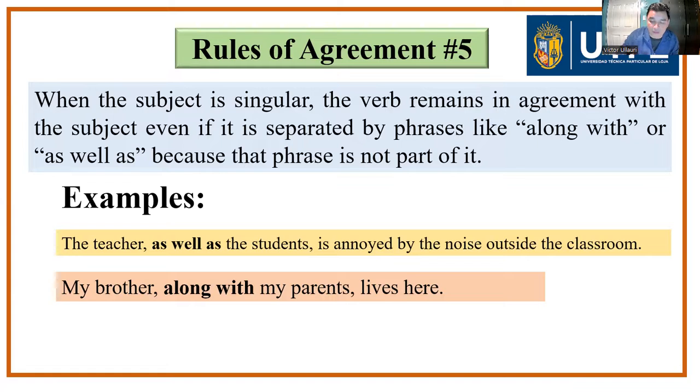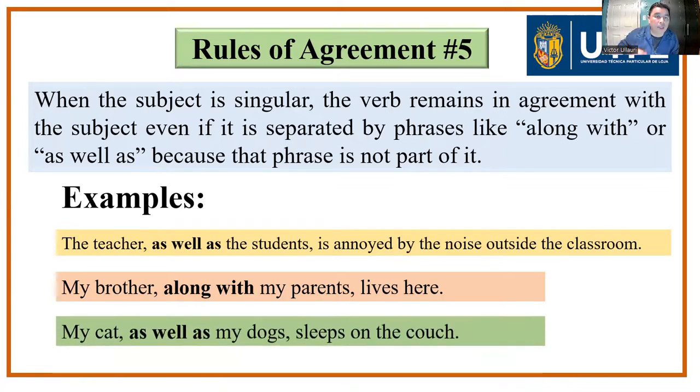I'll give you another example. My cat, as well as my dog, sleeps on the couch. We use the verb in singular because my cat is singular. As well as my dogs, those are plural, but as I said before, this is the extra information we are providing to the sentence.